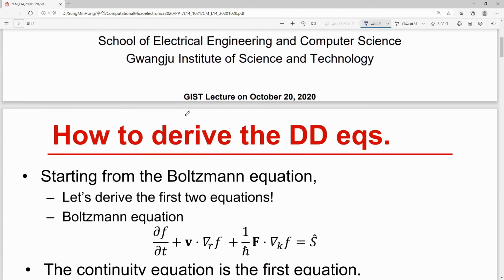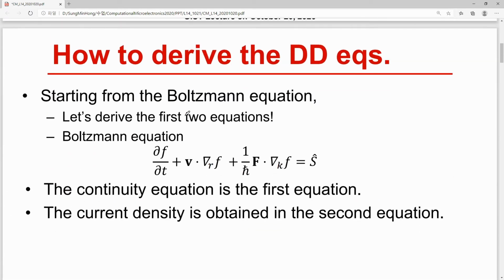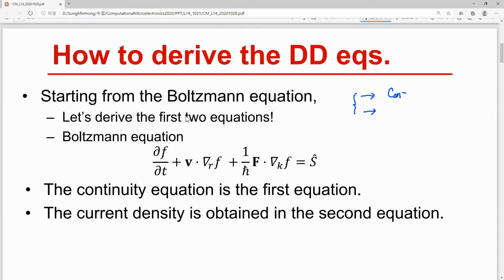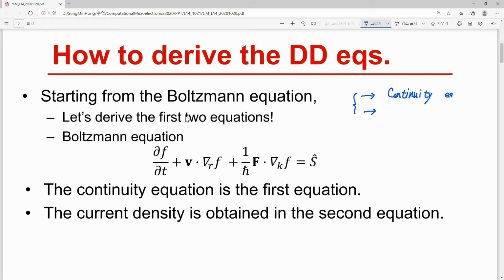Eventually our goal is to derive the so-called drift diffusion equations. Drift diffusion equations means two equations that form a set. The first one is the continuity equation, which you know quite well.